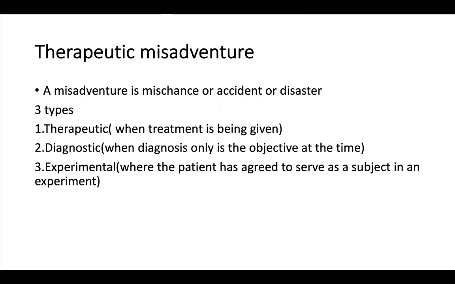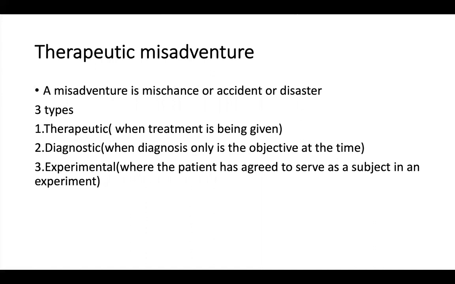Next is therapeutic misadventure. A misadventure is a mischance or accident or disaster. It can be an accident, disaster, or mischance. Three types are there where therapeutic misadventure can occur. Therapeutic means treatment side, so any sort of accident or disaster happening there is therapeutic misadventure.